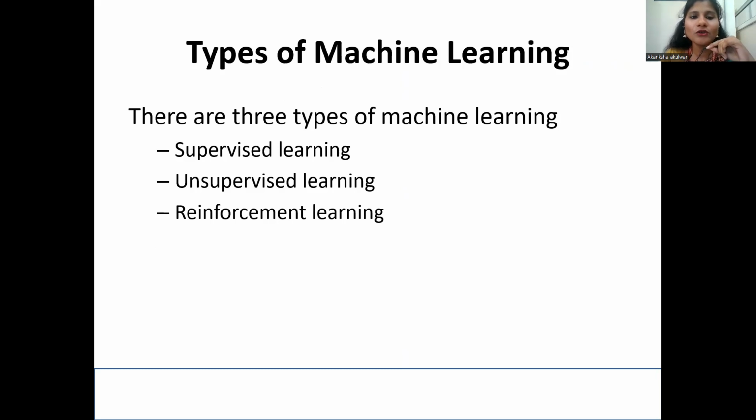What do we call supervised learning? Supervised learning is nothing but learning which uses labeled data as training data. Now, what do we call labeled data? That means the instances provided in the training set are already labeled based on the classes, whether each belongs to a particular class or not.